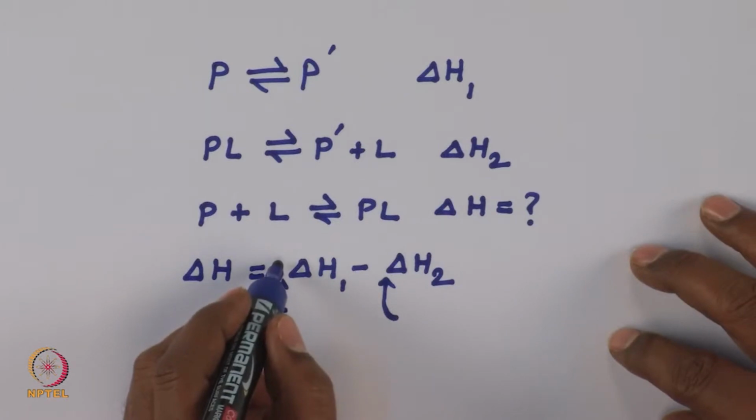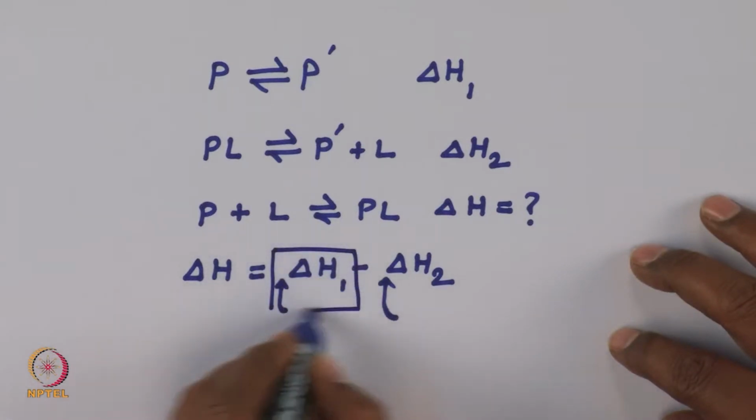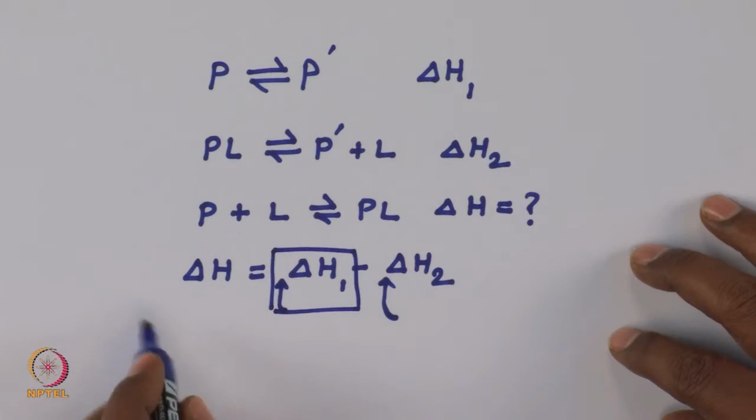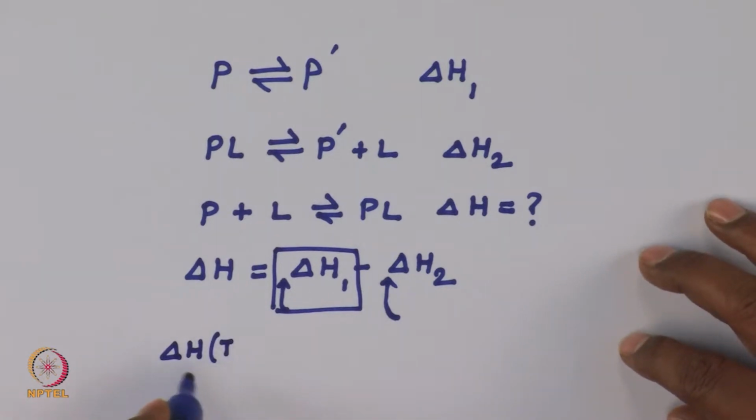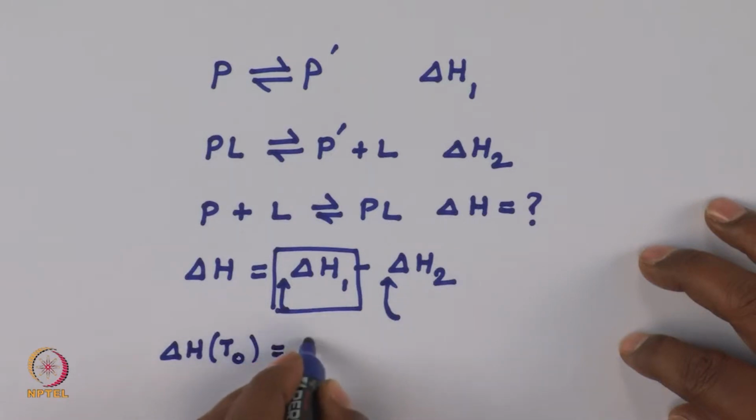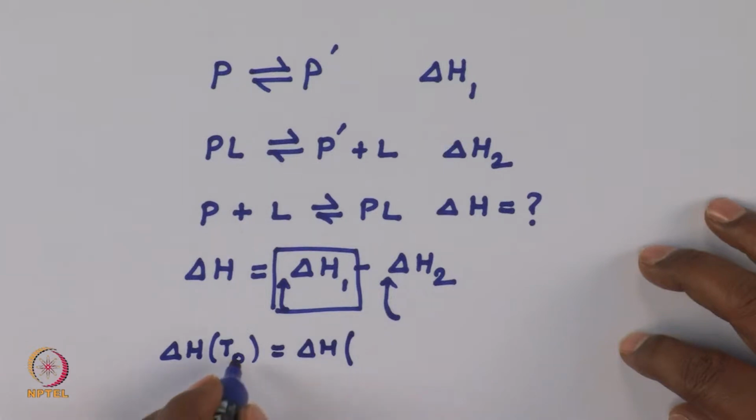Now, for this I can write delta H at temperature whatever it is here. If I am saying in the absence of ligand, then it will be equal to delta H at another temperature, or let me put this as T1, that will be easier.